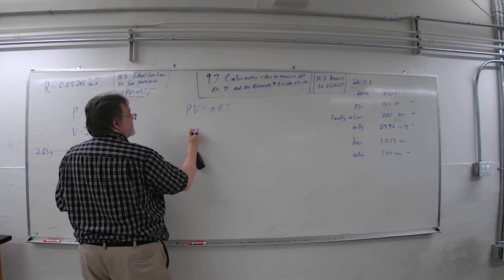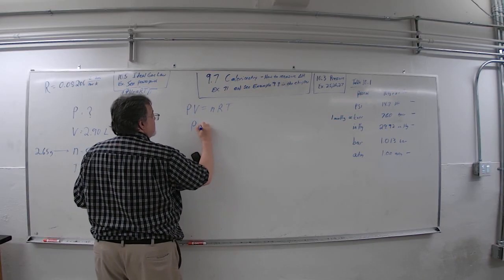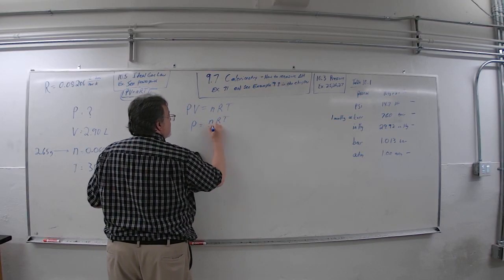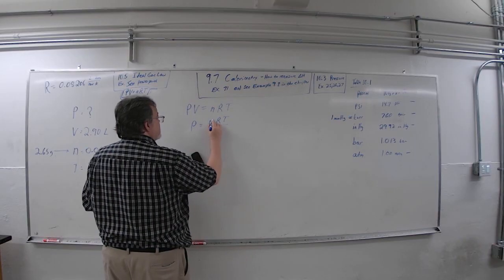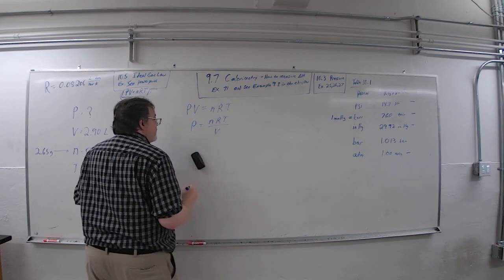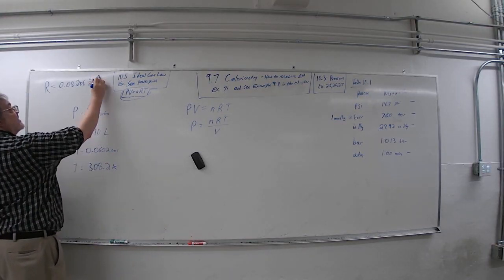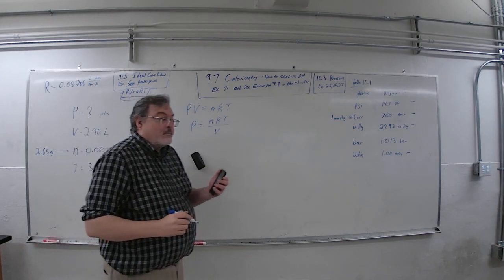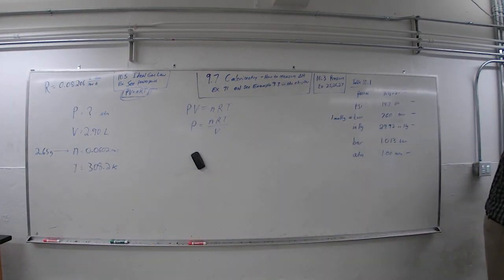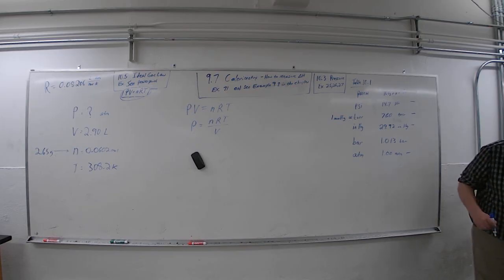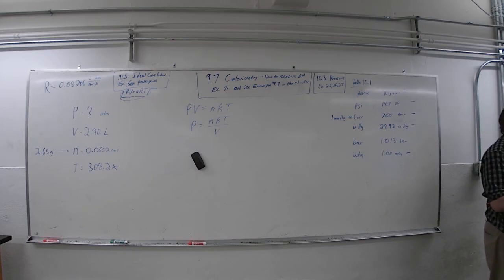Quickest thing to do is divide both sides by V. And now you can just plug all those values in. And P will come out in atmospheres because of that. That makes sense. Question?